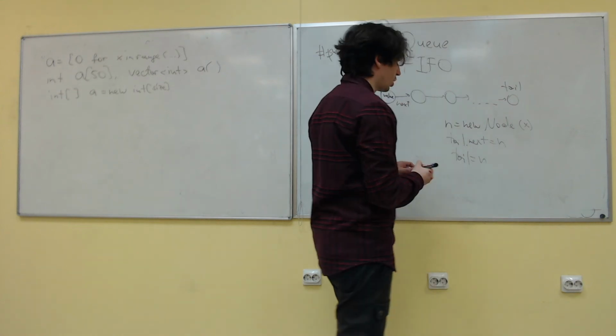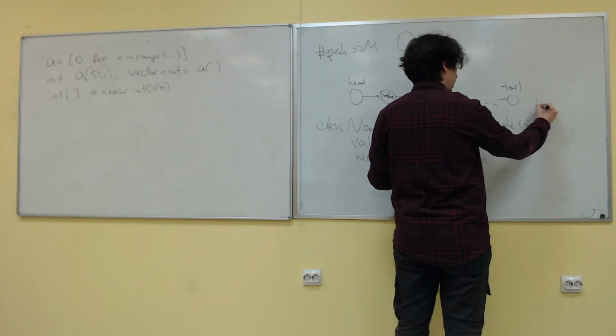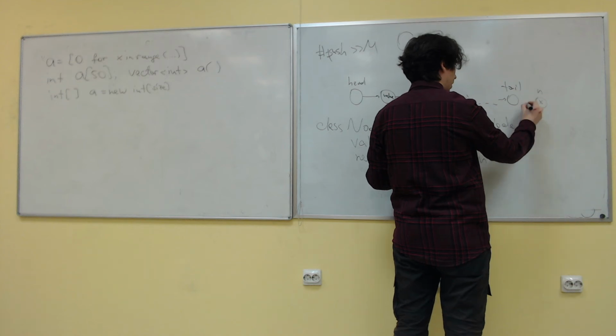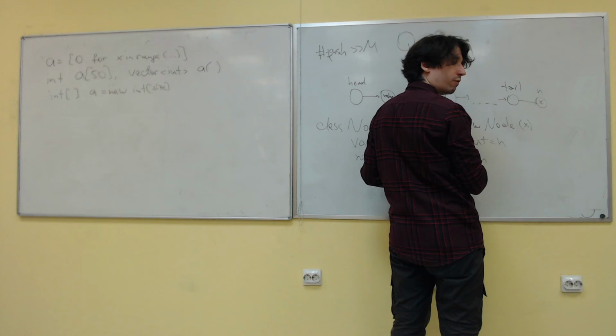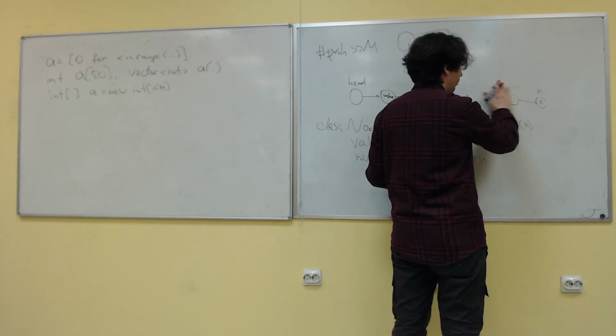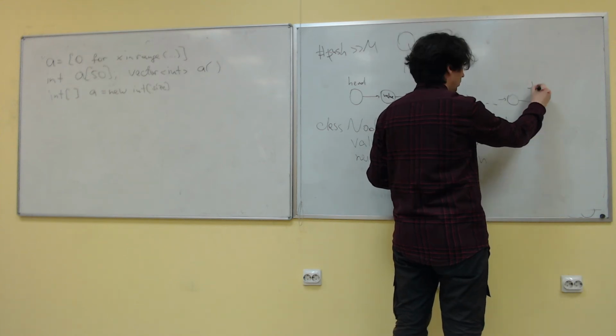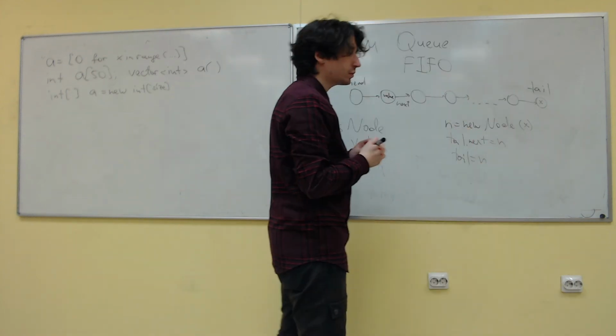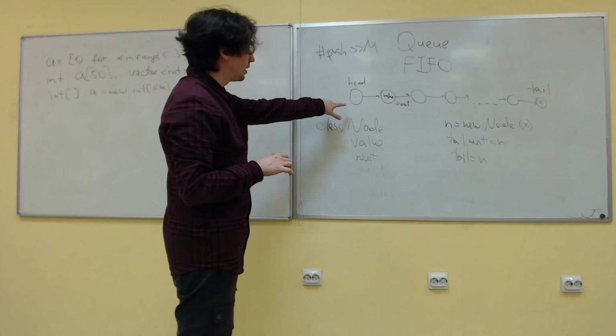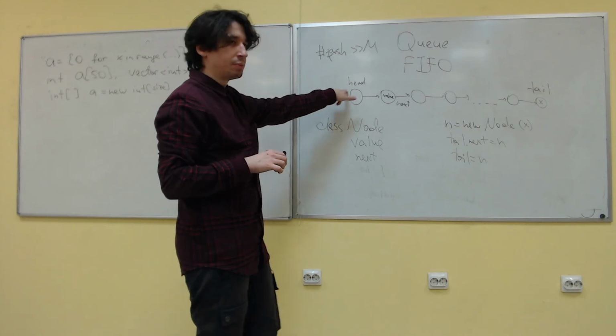You create a new node with x, set the next value from tail to n, and then you move tail here. The same goes with head. We just take the value from the head and move head to the right.